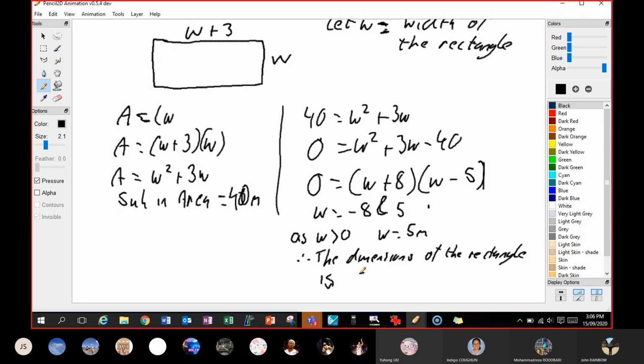It is 8 meters by 5 meters. And that makes sense because we can check: 8 by 5 is 40 meters, and the length exceeds the width by 3 meters. Hey, we got it right. Well done. Hopefully you guys got that one right too.